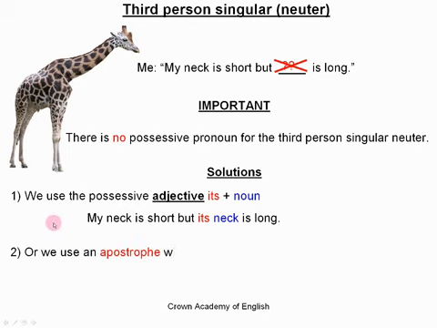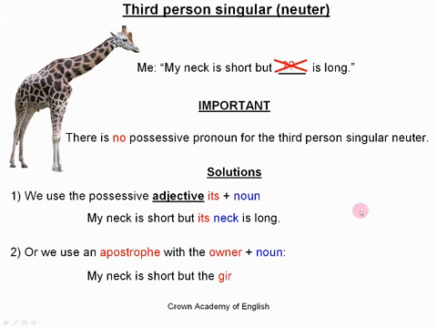The second possibility is we can use an apostrophe with the owner, with the person or the animal who owns the neck or who owns the noun. For example, my neck is short, but the giraffe's neck is long. So the owner is giraffe.